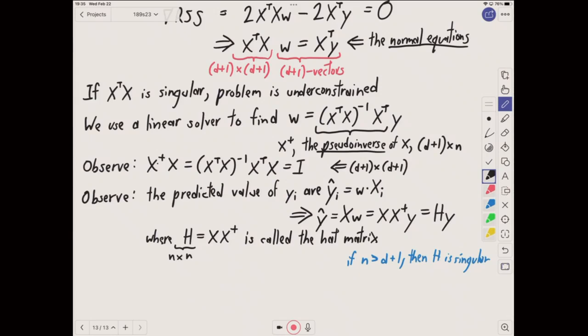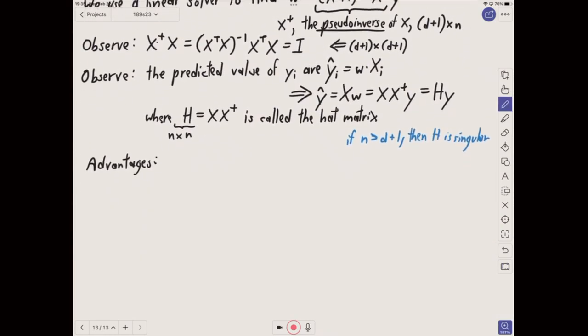All right, let me briefly state a few advantages and disadvantages of least squares linear regression compared to some of the other methods. It's the most popular regression method in the world for a reason. It's really easy to compute.